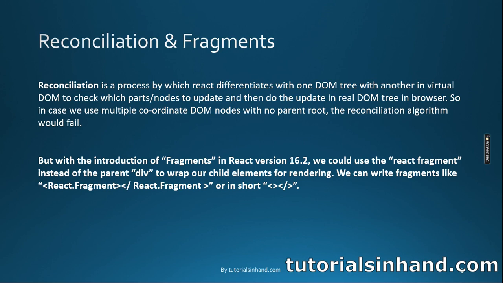In case of rendering a list, as I have already said, you have a parent div element, and within that you have a lot of child coordinate DOM nodes. Now, if your parent node is absent, React cannot track that DOM tree, and thus your reconciliation algorithm fails.